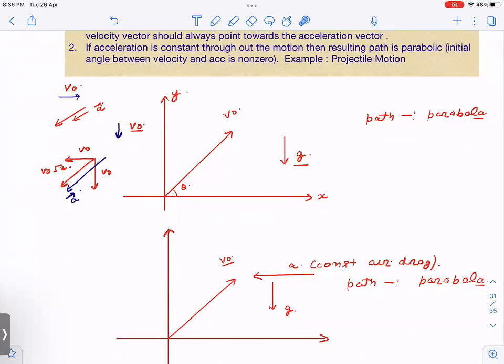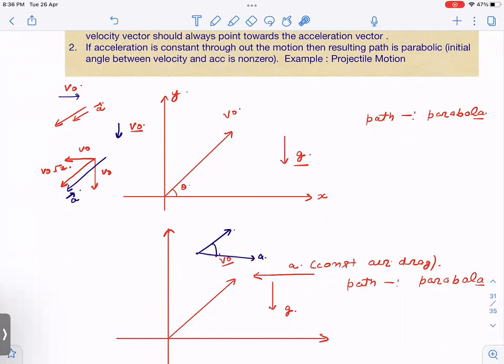And if there is an air drag, but due to air drag there is a constant acceleration or retardation in x direction other than gravity, then also the path is parabolic, right? Because here if the initial velocity vector is in this direction and the acceleration vector is in this direction, and there is one angle which is non-zero. If the angle is zero, then the path becomes a straight line, right? This we understand. And if this acceleration remains constant, then the path will always be a parabola.